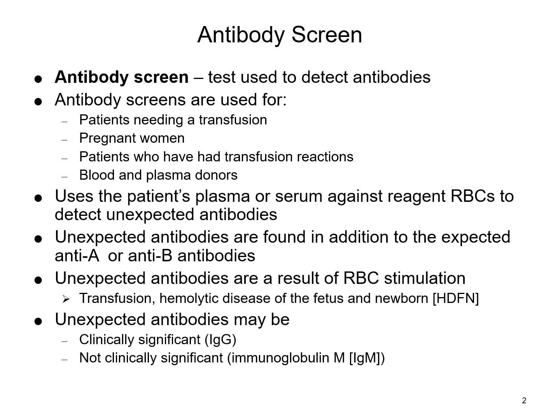So when we do an antibody screen, this is going to be part of the workup for patients who are going to need a transfusion, for any pregnant female, of which we are looking to see if any of those antibodies have developed that could potentially harm the infant.